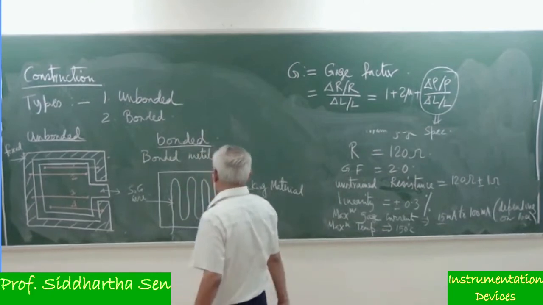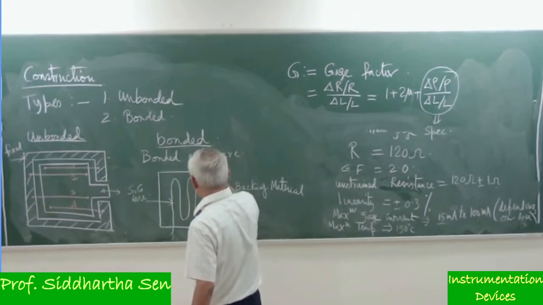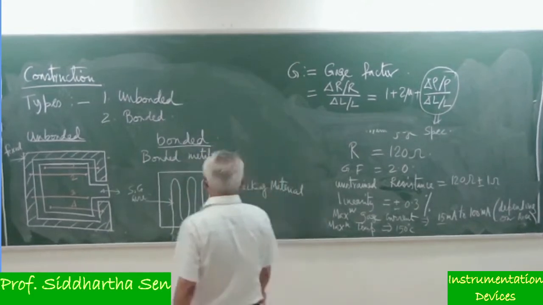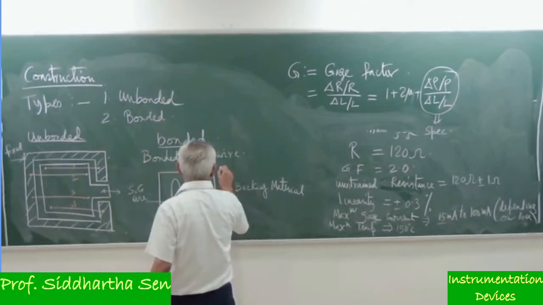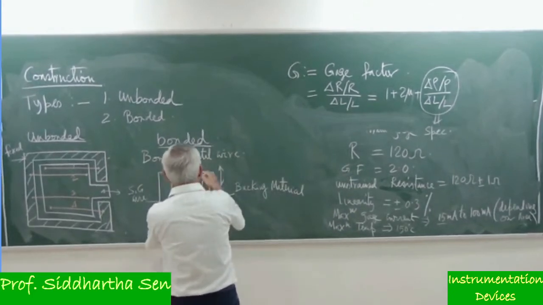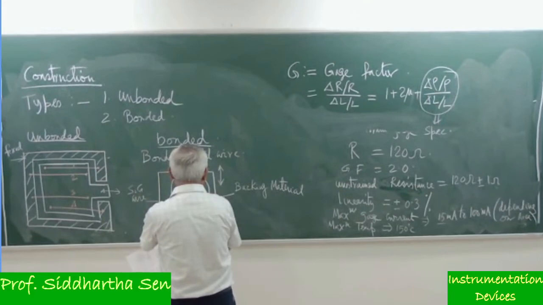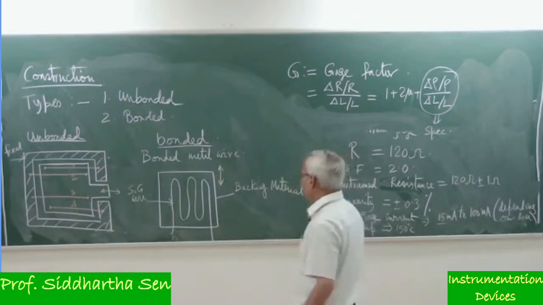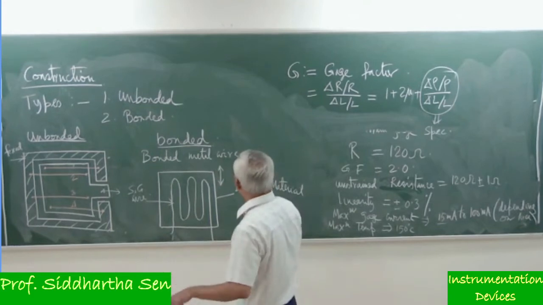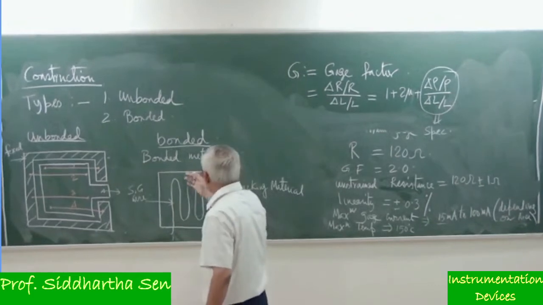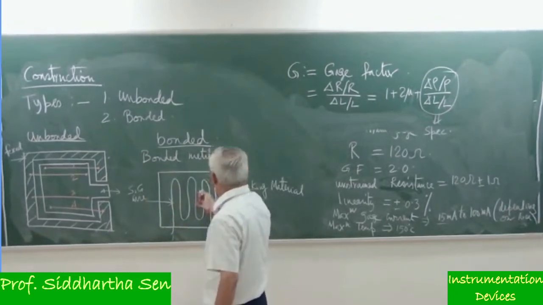But these wires are very thin, and one more problem is that we normally try to measure the strain in one direction. This whole backing material, I will come to the backing material, is glued over the surface using epoxy or something, so that the strain of the structure is transferred to it.